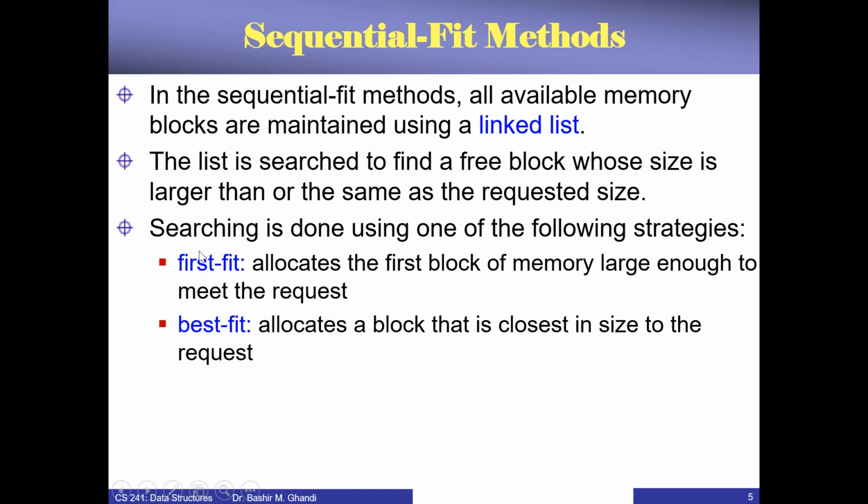For example, suppose we have a block of size 10, and a request is made of size 8. Then first fit will break the 10 into 8 and 2, allocate the 8 and keep the 2 bytes. The problem is these 2 bytes may never be used because probably no program will request just 2 bytes.